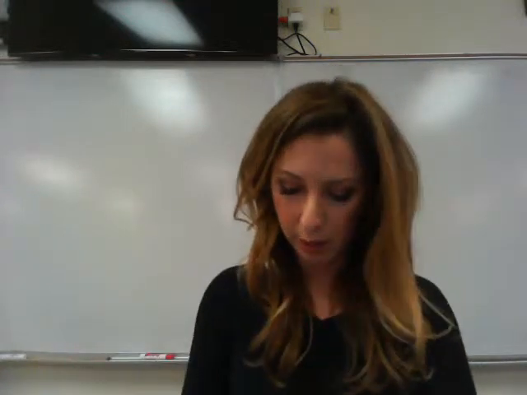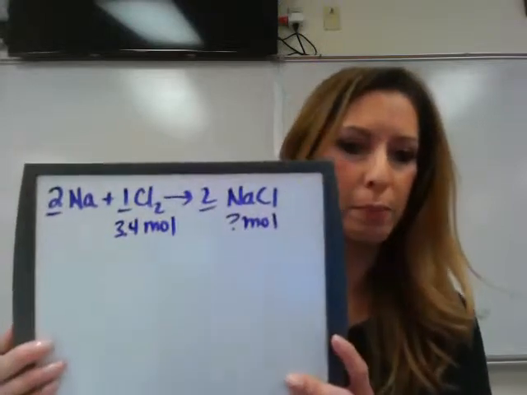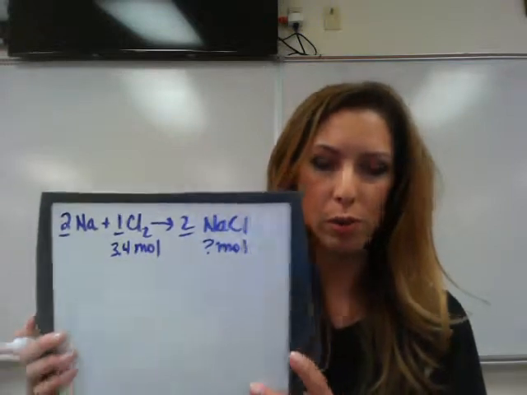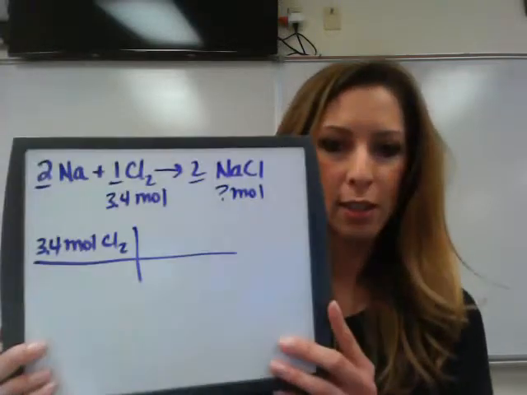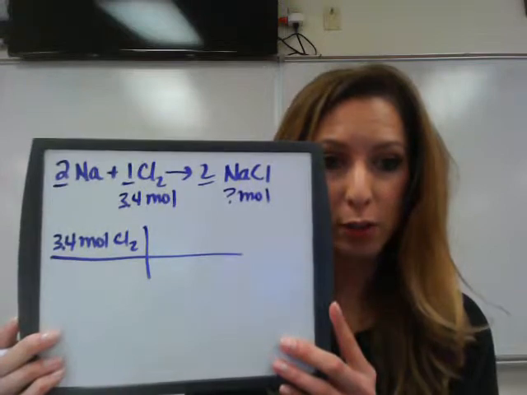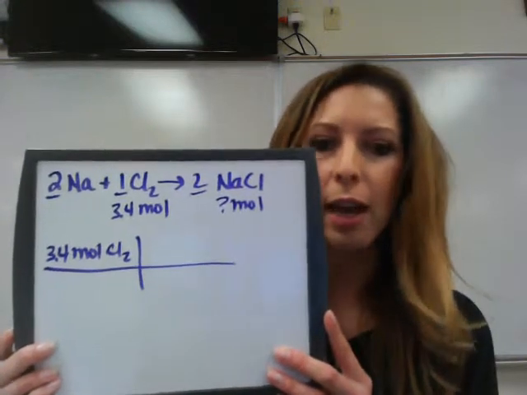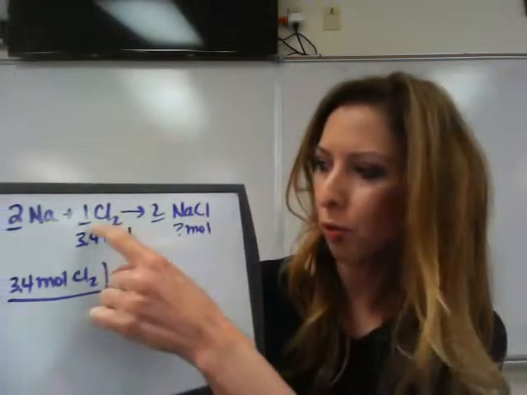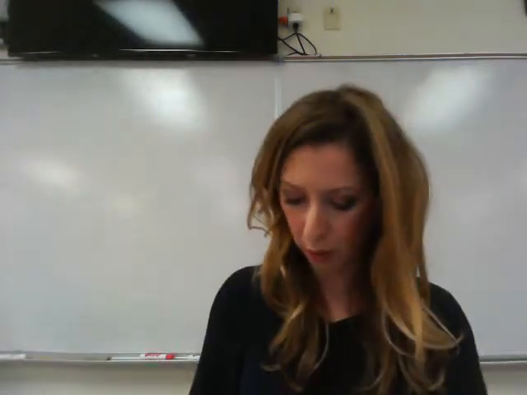So we're going to write 3.4 moles underneath chlorine because that's what I'm starting with. We're going to put 3.4 moles of Cl2 in the upper left-hand corner like this. We have a 1 coefficient in front of Cl2, so we're going to put that on the diagonal because I started with chlorine, so it needs to come down here. So this 1 mole of Cl2 will go on the bottom.